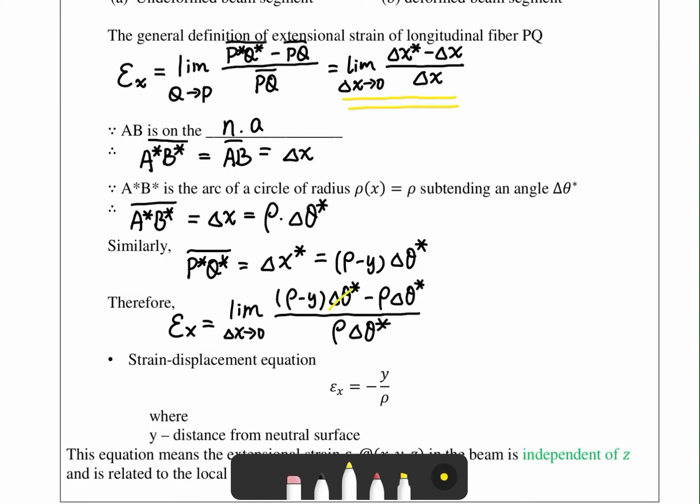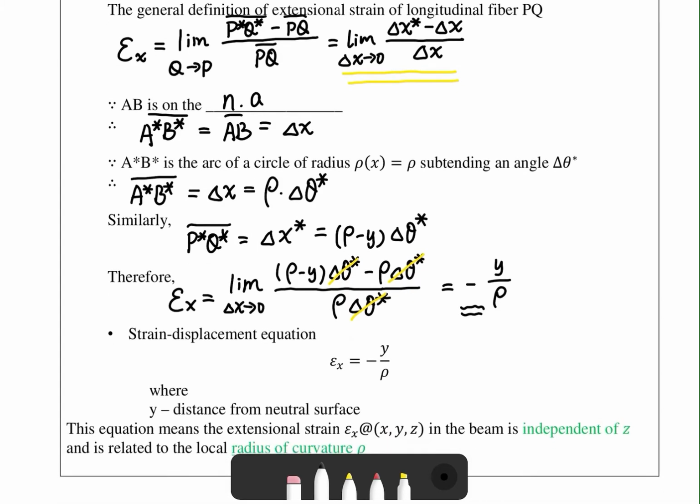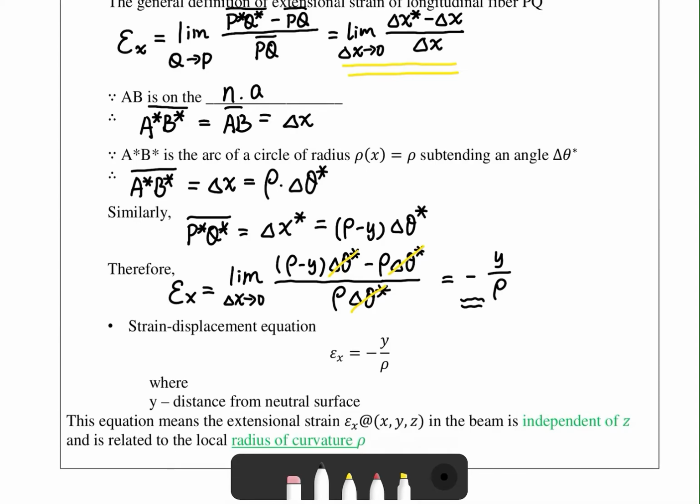And every term has the angle, so we can cross them out. And then we all have a rho here, so if we combine everything, eventually we have y over rho. And don't forget about this negative sign here. Okay, so that's the strain displacement equation we just derived.